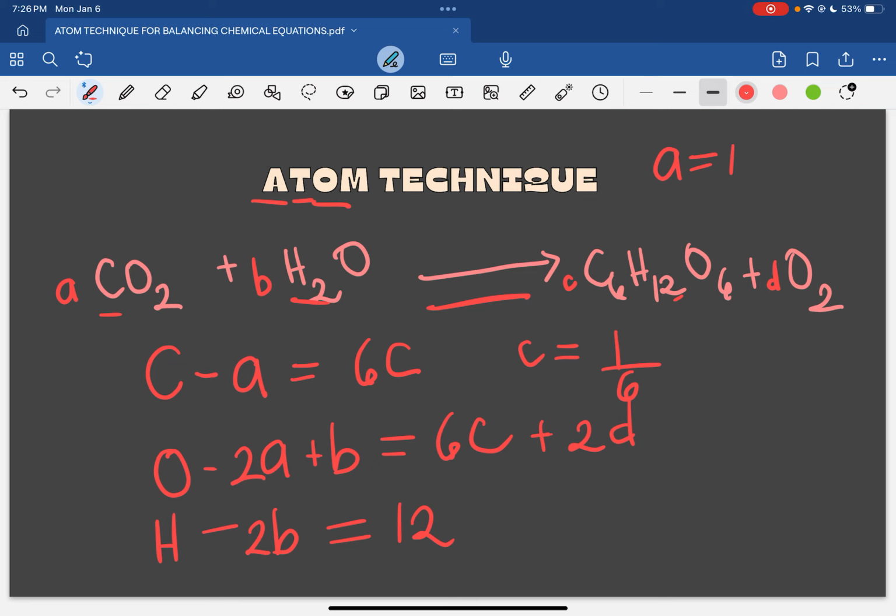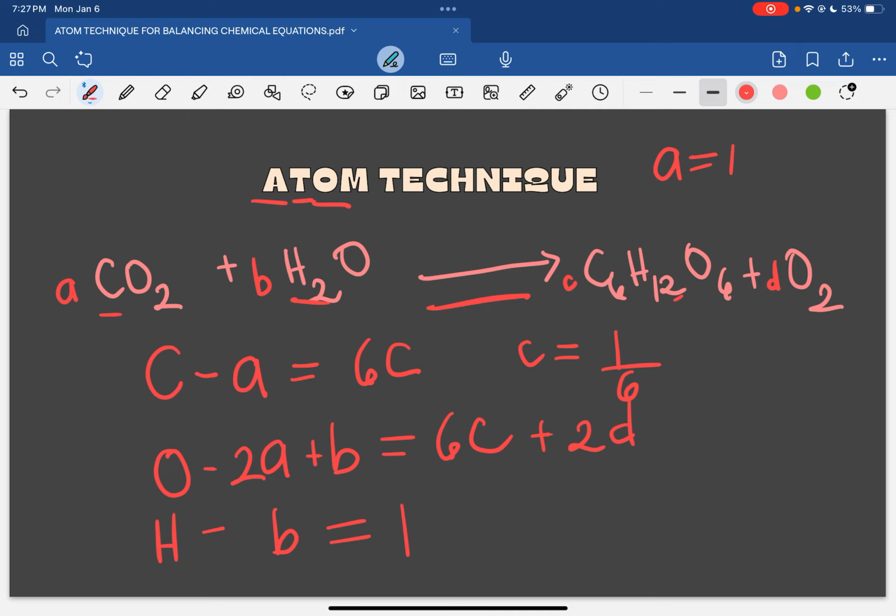So 12 multiplied to 1/6 would give us the answer of 2. But this 2 will be divided by 2 in here since we have 2 before the B. So our B is equal to 1.